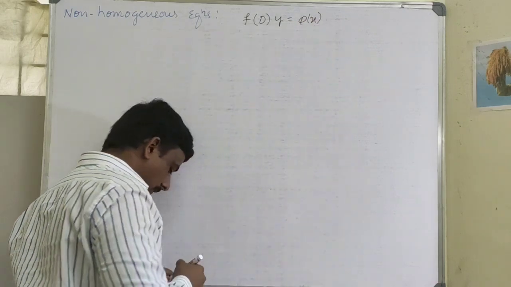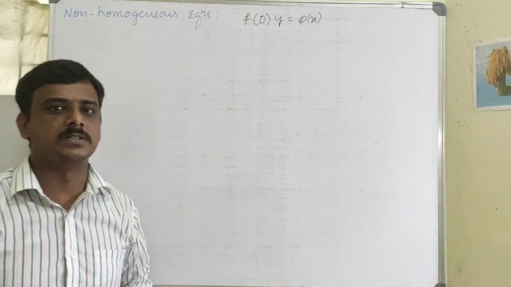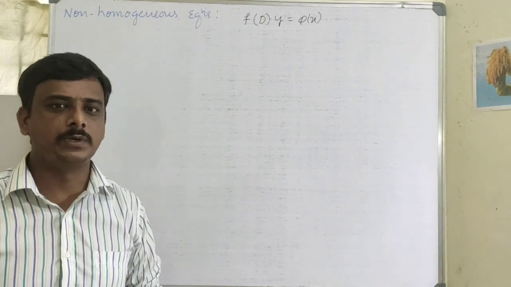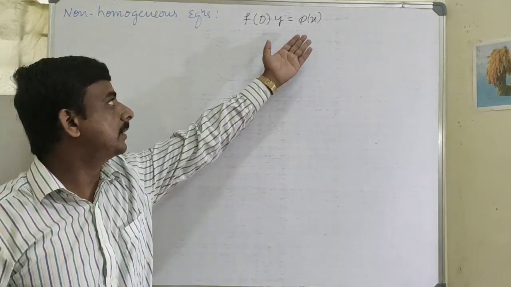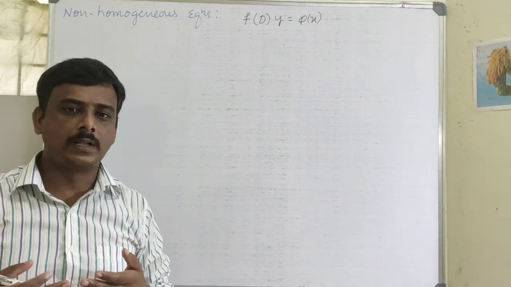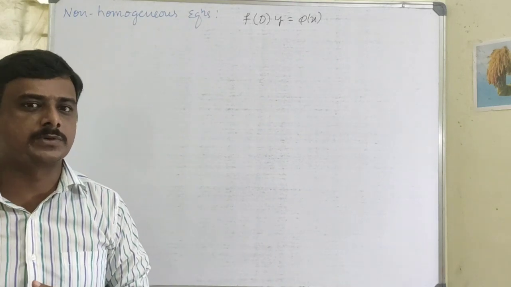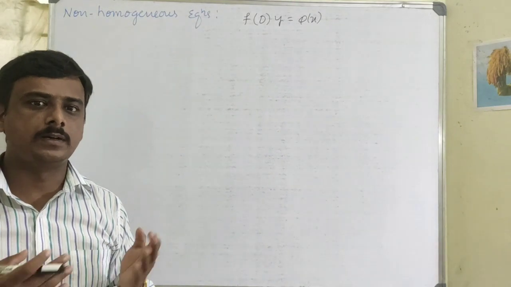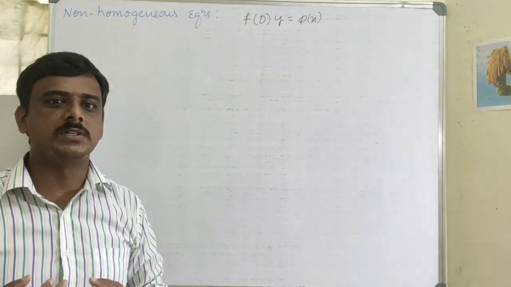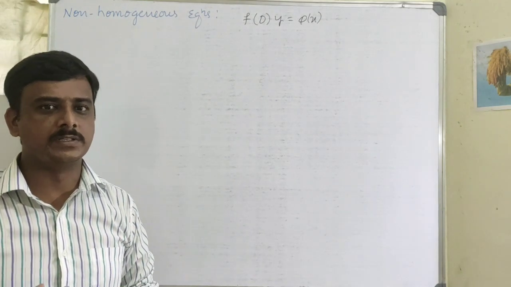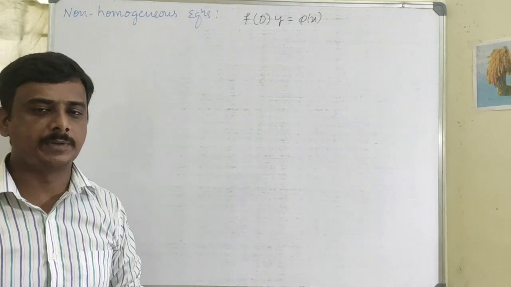The collection of all linear differential equations can be classified into two, depending on the right hand term phi of x. If the right hand term phi of x is equal to 0, then we call that differential equation a homogeneous linear differential equation. That we have discussed in the previous video.